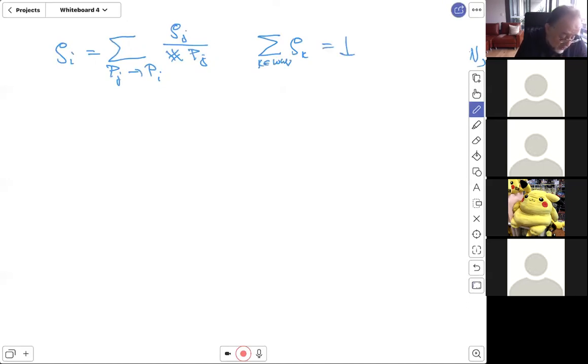And of course, whenever you have a solution to the system of equations, one per each web page, we would like this formula to hold for every web page pi. So for every web page pi, its rank satisfies this property. So this is clearly a system of equations, one for each web page pi.